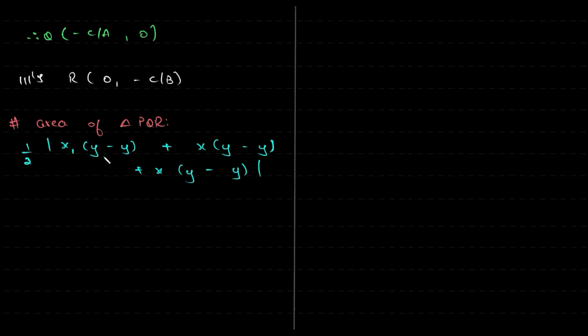So we have 1, 2 and 3, 2, 3, 1, 3, 1, 2. So that's your formula. So all we have to do is now substitute.